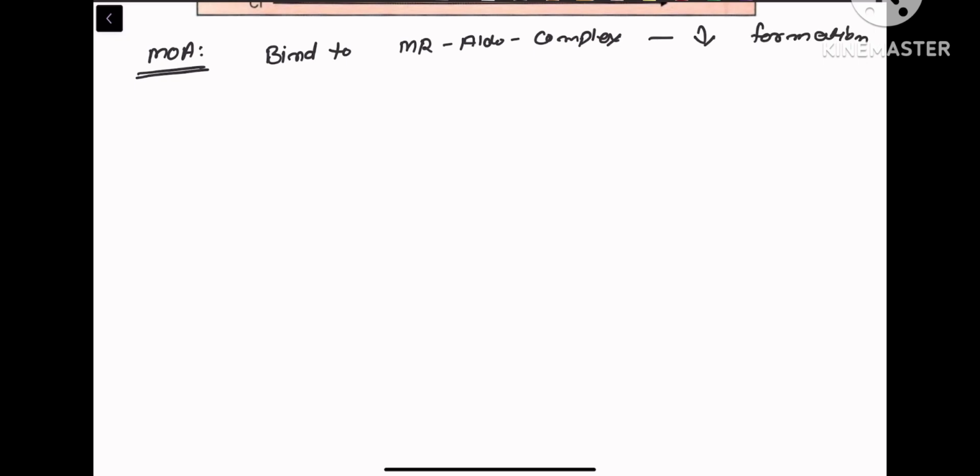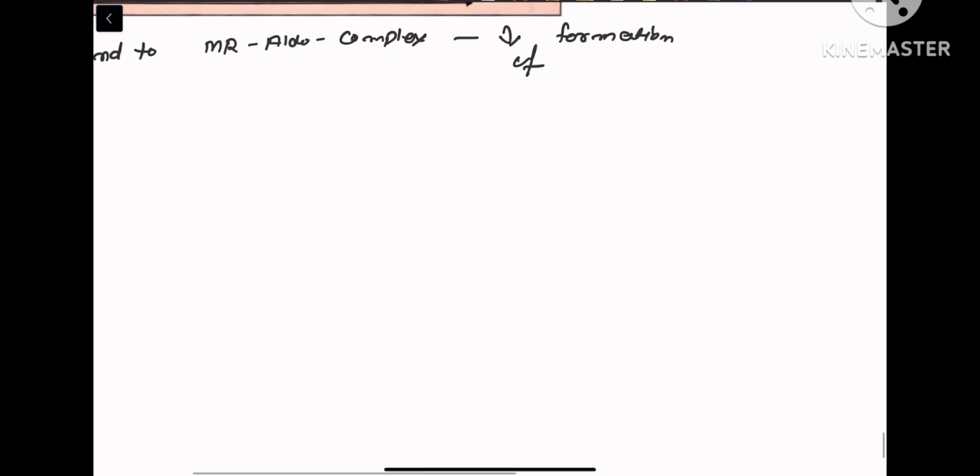Okay, now we will write the mechanism of action. It binds to the mineralocorticoid receptor aldosterone complex and inhibits the formation of aldosterone induced protein.